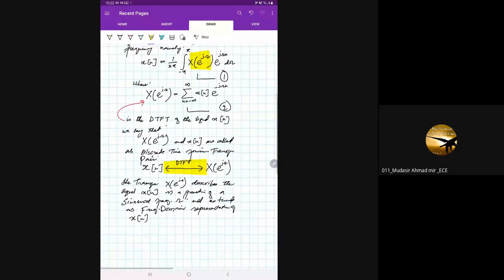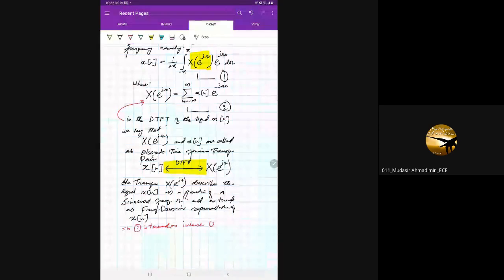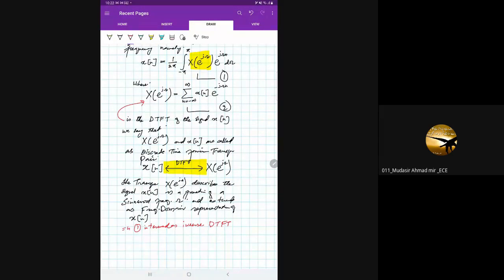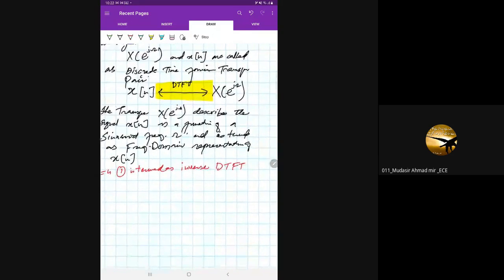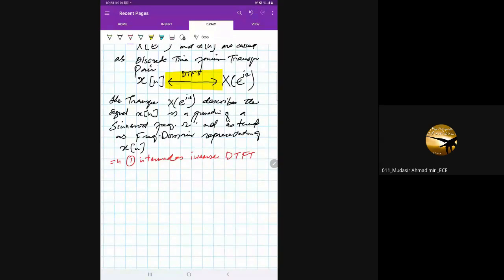And what is equation 1? Equation 1 is termed as the inverse discrete time Fourier transform equation. Why is it termed as inverse discrete time Fourier transform equation?